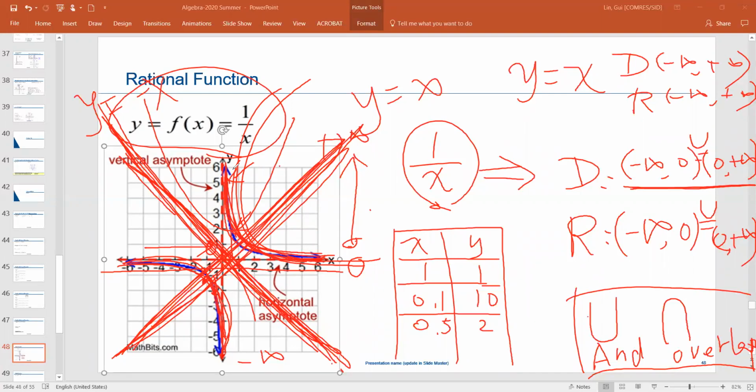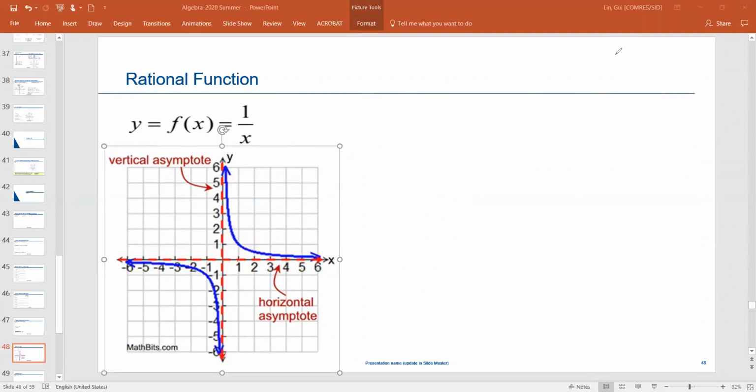Because you can see, the data never touches this line. They get very close to this 0, but never equal 0. And the same here, this one goes close to the positive infinity, but it never crosses this y axis.